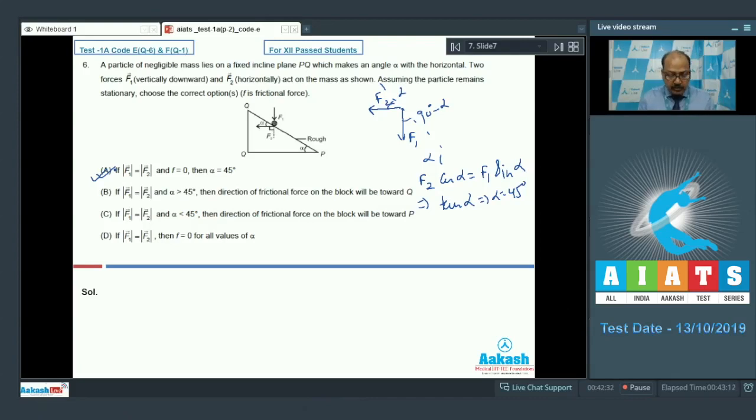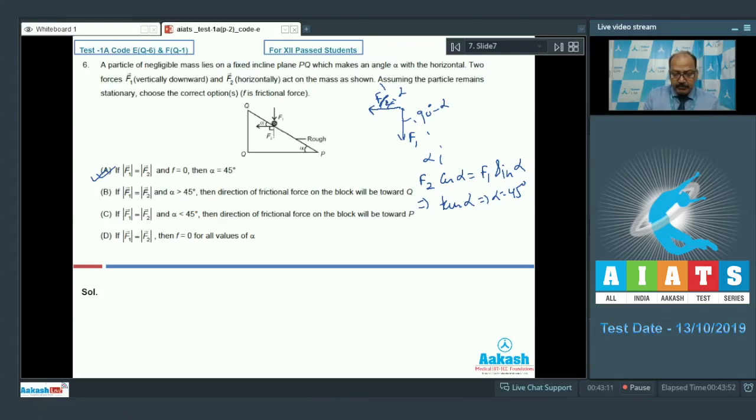Let's evaluate other options now. Option B says if the two forces have equal magnitude and alpha is greater than 45 degree. If this angle is greater than 45 degree, this angle will be less than 45 degree. That means if we look at the components of F1 and F2 along the incline, the component of F1 down the incline will be greater than component of F2 up the incline.